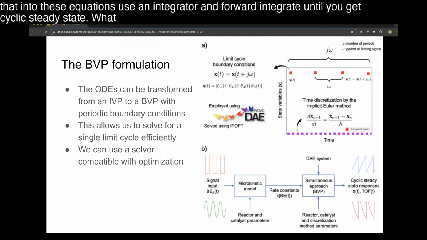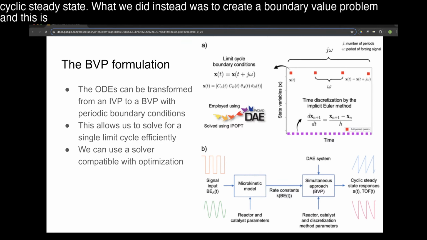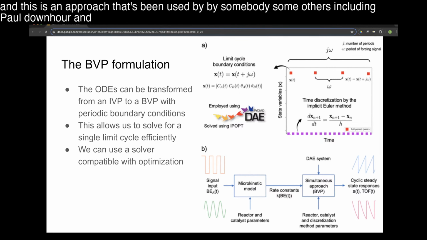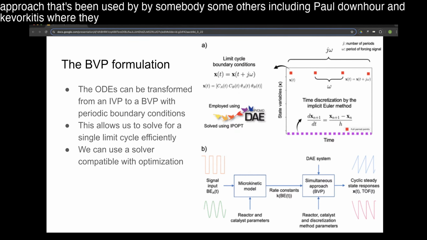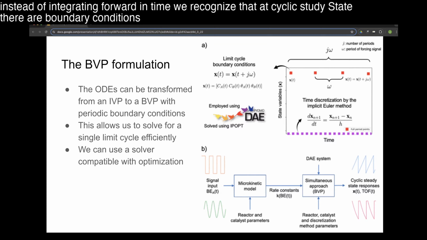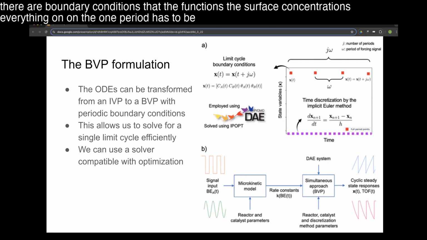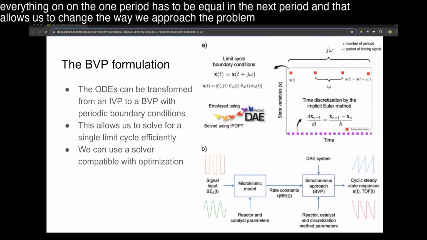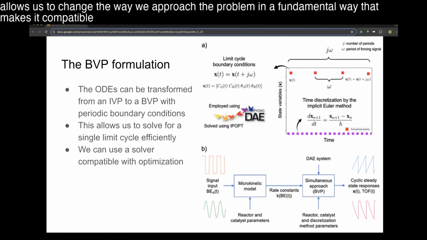What we did instead was to create a boundary value problem, and this is an approach that's been used by some others, including Paul Barton and Kevrekidis, where they made a formulation in the boundary value, where instead of integrating forward in time, we recognize that at cyclic steady state there are boundary conditions that the functions, the surface concentrations, everything in one period has to be equal in the next period, and that allows us to change the way we approach the problem in a fundamental way that makes it compatible with optimization.